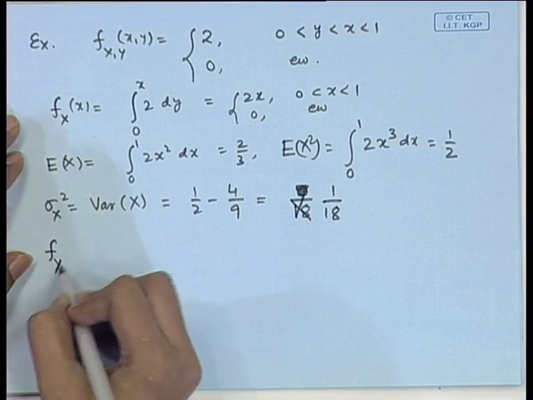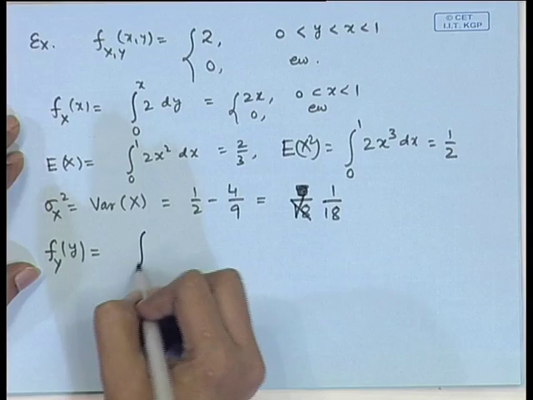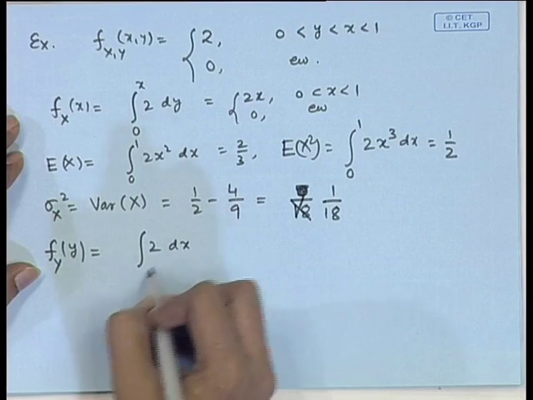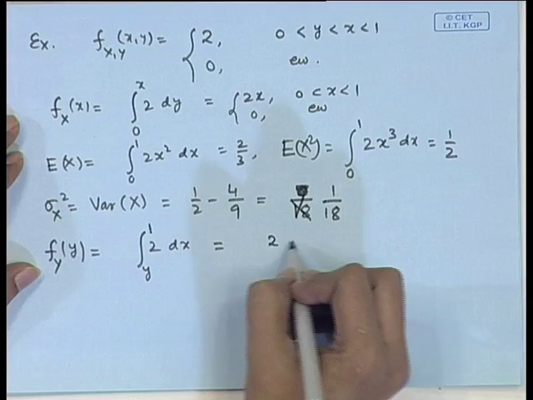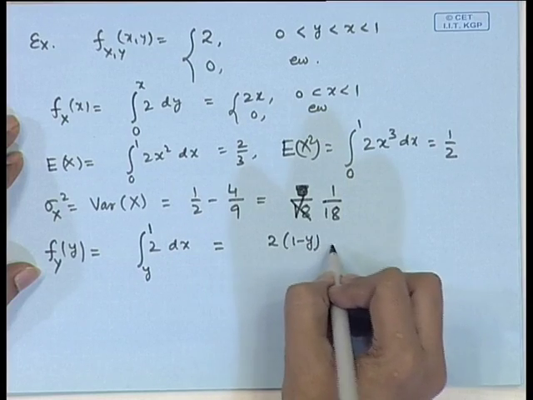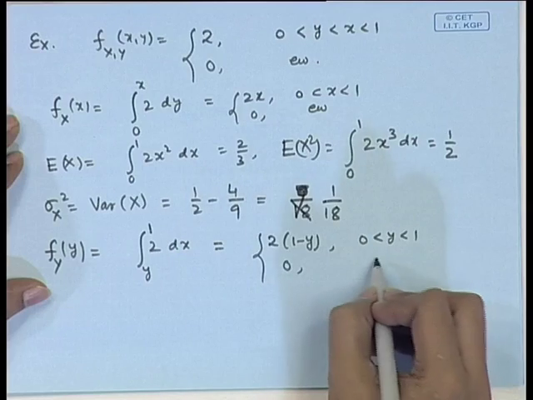Similarly, let us calculate the marginal distribution of y, that is integral of 2 dx from y to 1, that is equal to 2 times 1 minus y for 0 less than y less than 1, 0 elsewhere.